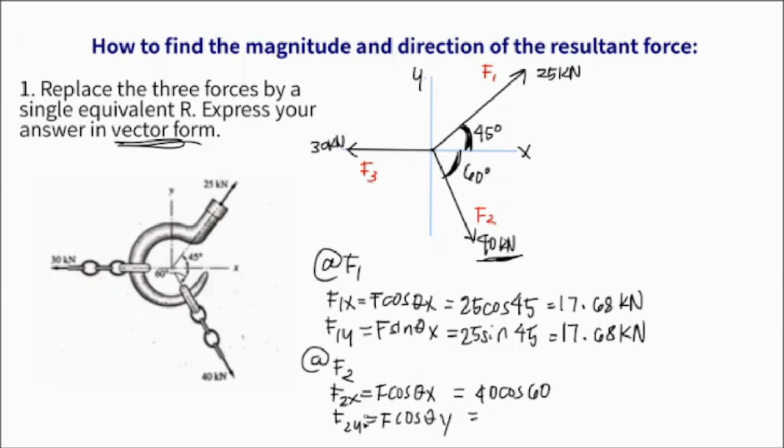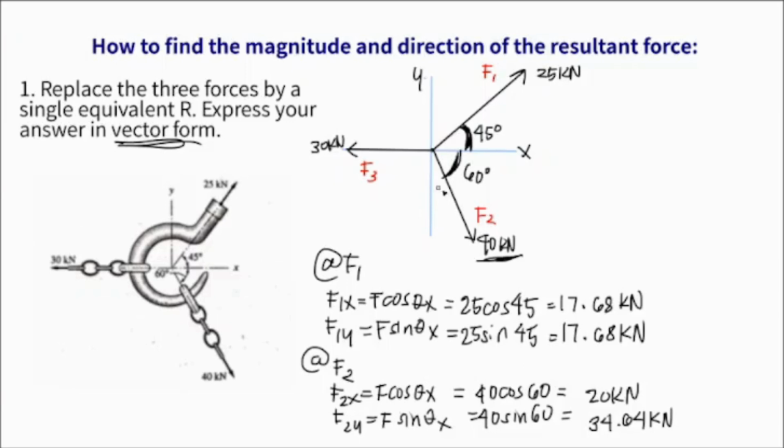So 40 cosine 60 is 20 kilonewtons, and 40 sine 60 is 34.64 kilonewtons. We have found the x and y components of F2.